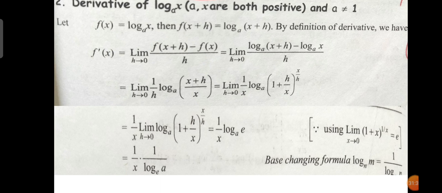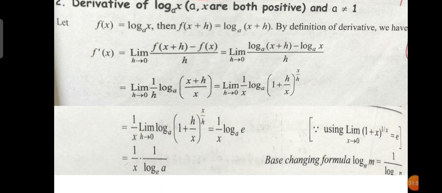Next is the derivative of log of x to the base a, where a and x are positive and a is not equal to 1. If f of x is log of x to the base a, the derivative is 1 by x into 1 by log a to the base e.